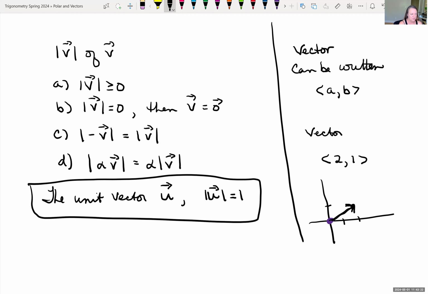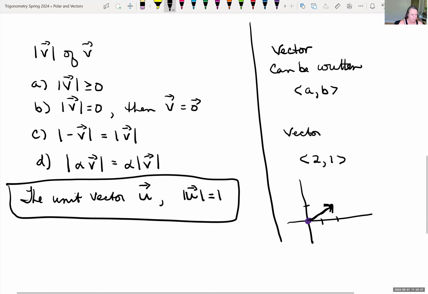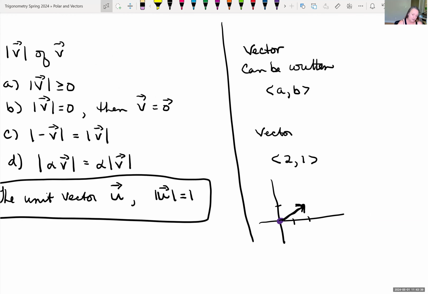So this 2 is the horizontal component of our vector, and the 1 is the vertical component.